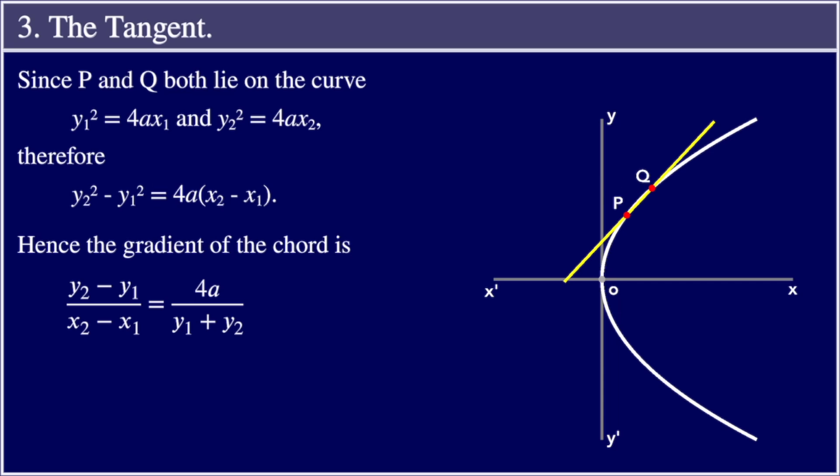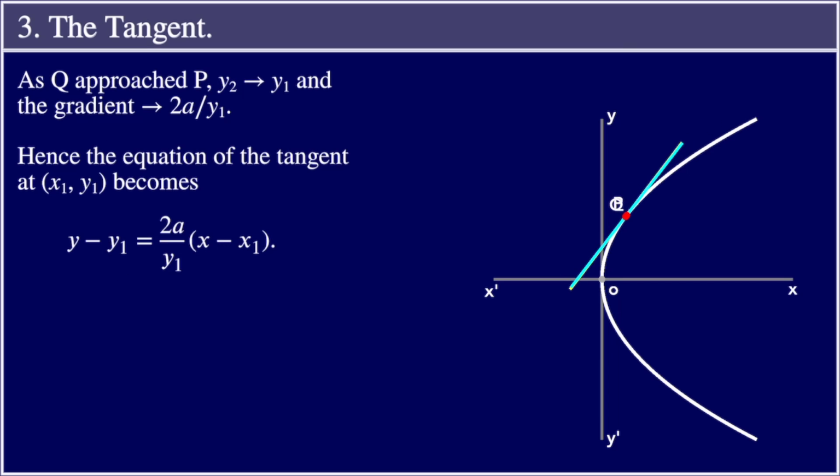Since both P and Q lie on the curve, y sub 1 squared equals 4a x sub 1, and y sub 2 squared equals 4a x sub 2. Therefore, y sub 2 squared minus y sub 1 squared equals 4a times the quantity (x sub 2 minus x sub 1). Hence, the gradient of the chord, (y sub 2 minus y sub 1) divided by (x sub 2 minus x sub 1), equals 4a divided by (y sub 1 plus y sub 2).